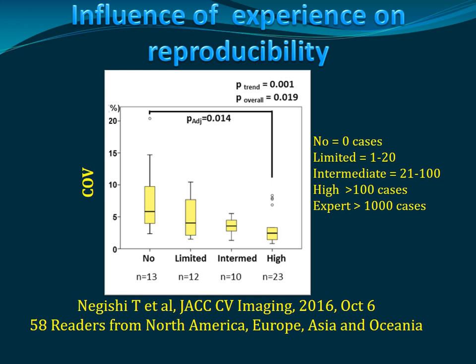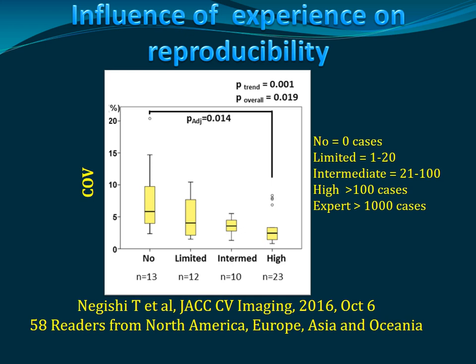The other thing that is important about strain is the experience of the user. So this is how the interobserver variability changes with the experience of the observer, the one who does it.